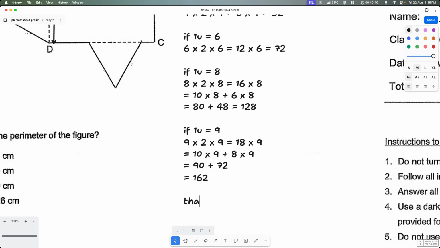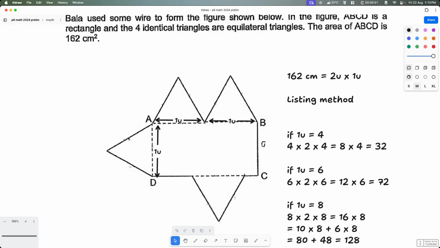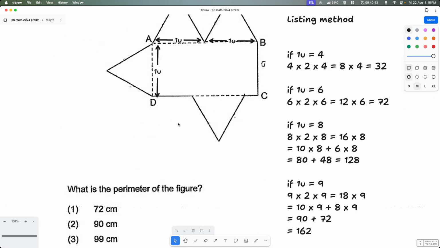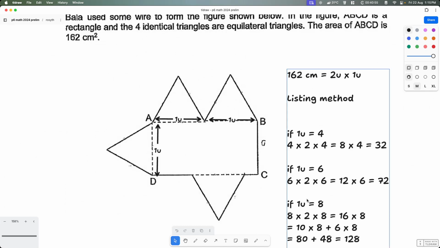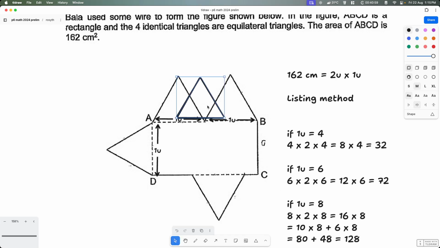So that means 1 unit is equal to 9. Okay, so from there we need to calculate, right? So this thing over here, let me grab a triangle. This thing over here, doesn't matter where, this is the same as if this thing is here, right?